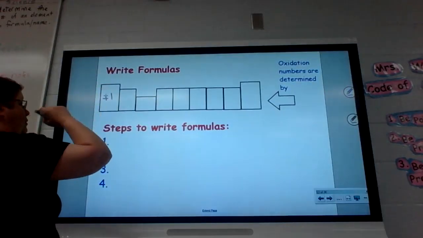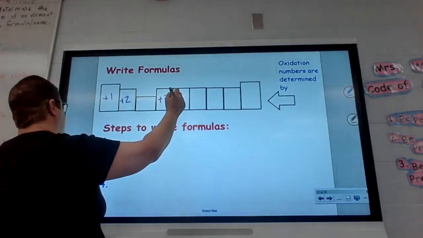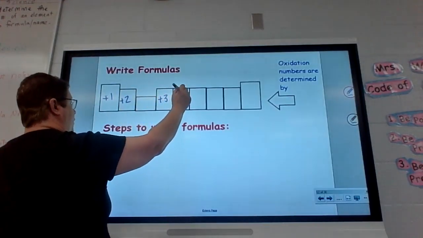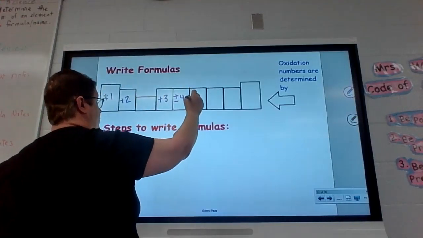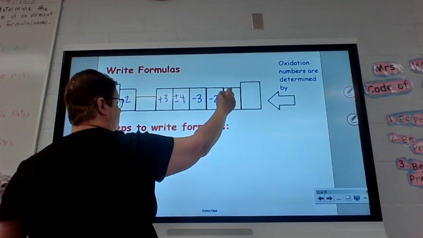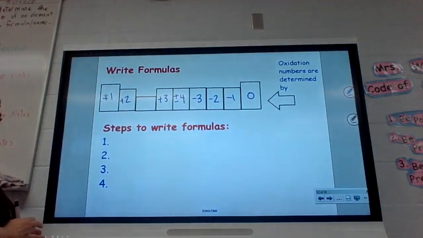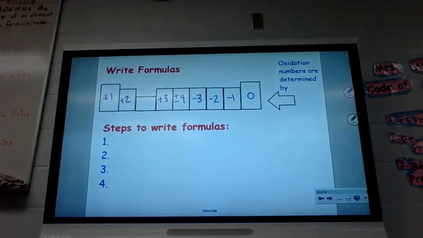Positive 1. Group 2. Group 13. Group 14. Positive or negative 4. Group 15. Group 16. Group 17. And 18. So in order to write formulas, those are the numbers we have to use.